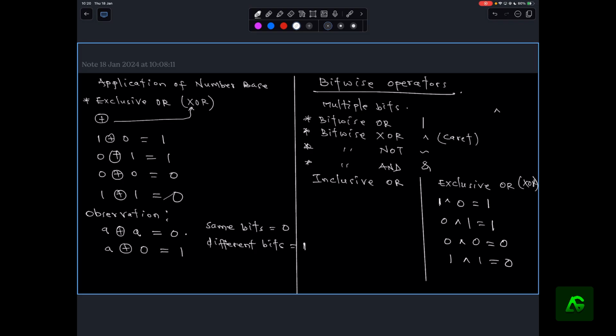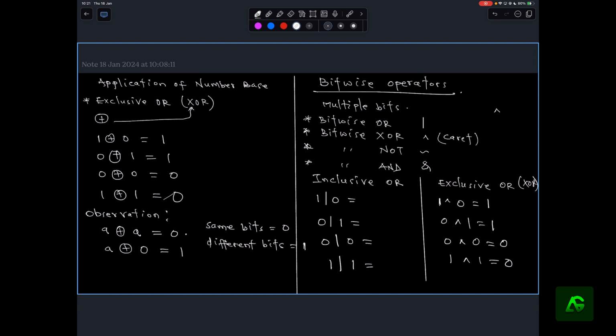Now for inclusive OR, inclusive in the sense that if you have the same digit, you still retain that digit. 1 OR 0 is 1, and 0 OR 1 is 1.